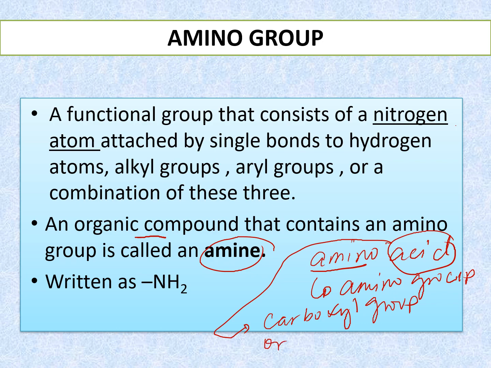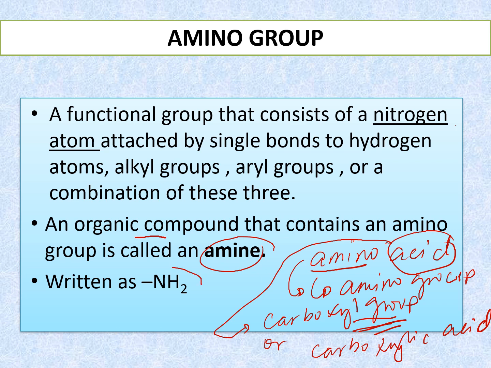Anything that contains a carboxyl group in its structure can be known as a carboxylic acid. So that's why amino acids are called as such, because they have an amino group and a carboxyl group in their structure.